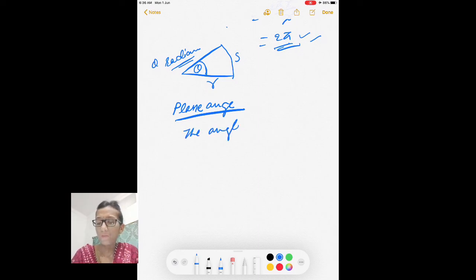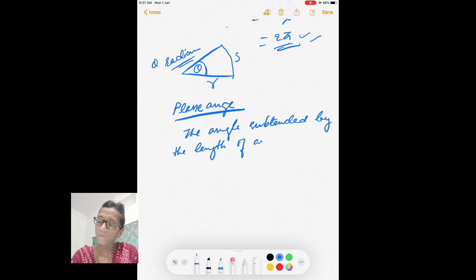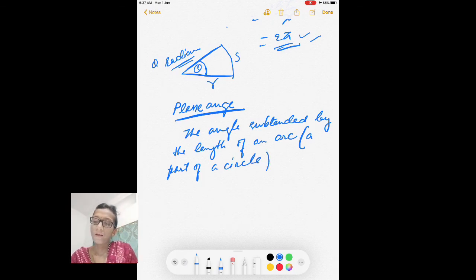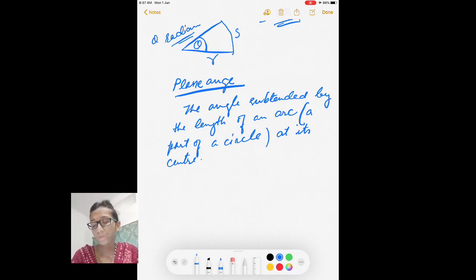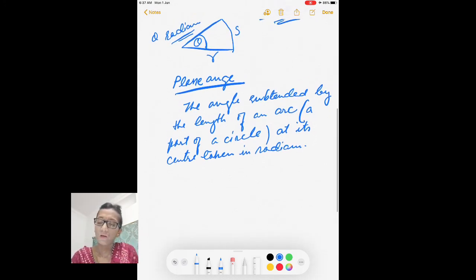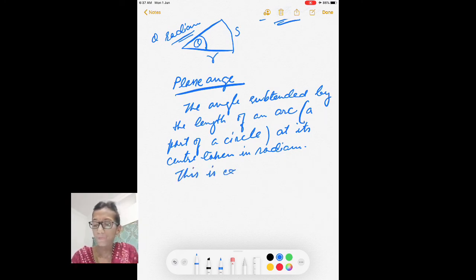The angle subtended by the length of an arc, and this arc is a part of a circle at its center, and this is taken in radian, and this is equal to the length of the arc divided by its radius.